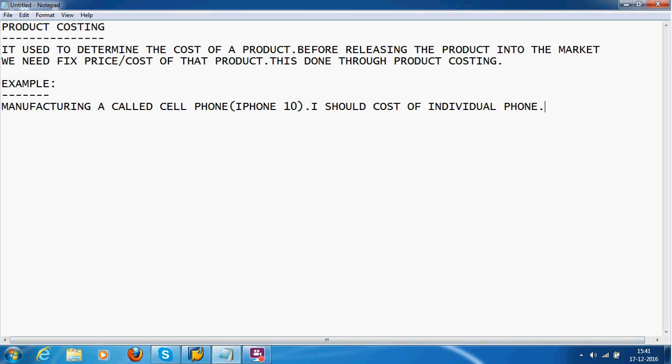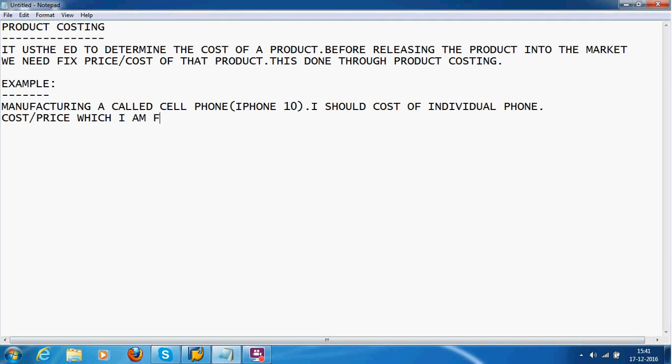The cost or price which you are fixing for the product should be a combination of several things.